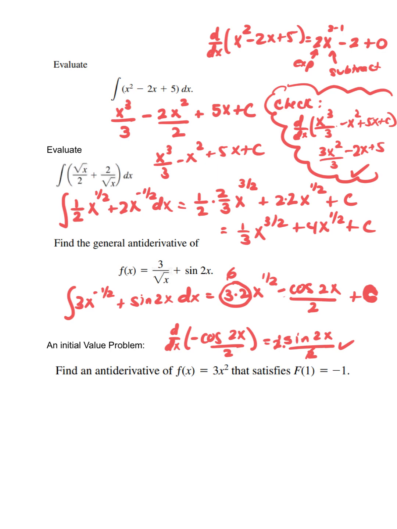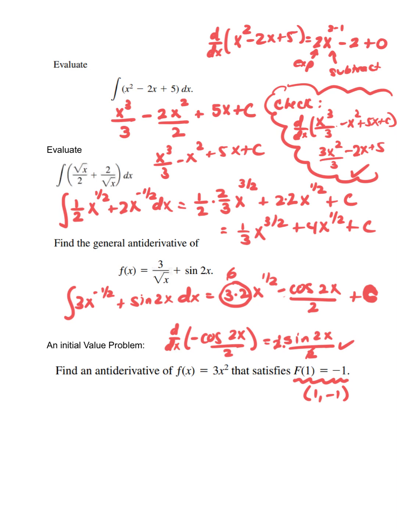It could be 5, 10, I don't know what that constant is. When I take the derivative of any constant, it becomes 0 and drops out, so it doesn't matter what the constant is. But in this next example, they want the antiderivative, but they want it to go through the point (1, negative 1). So not just any antiderivative, but one that goes through a specific point.